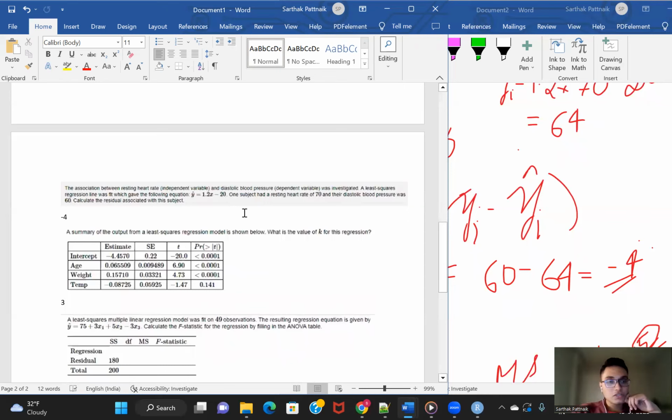Next question, a least square multiple linear regression model was fit on 49 observations. The resulting regression equation is given by y cap is equal to 75 plus 3x1 plus 5x2 minus 3x3. Calculate the F statistic for the regression by filling the ANOVA table. Similar question that we did above, but the context has changed from simple linear regression to multiple linear regression. So let's do this.